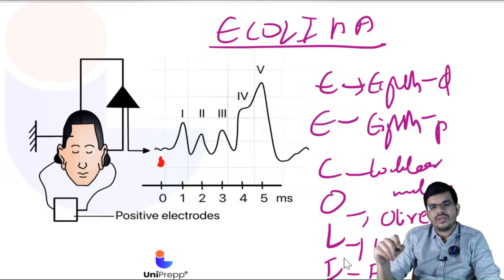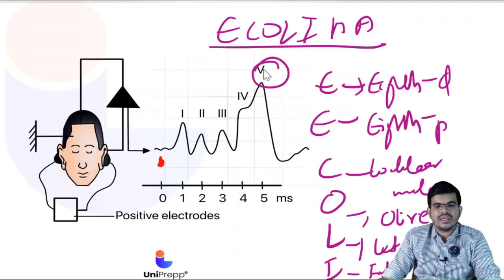So this is how it is, E. coli. The lateral lemniscus and inferior colliculus are seen in wave 5, and this is the biggest wave. This is the wave which you have to look for, especially when you are measuring the interaural difference.